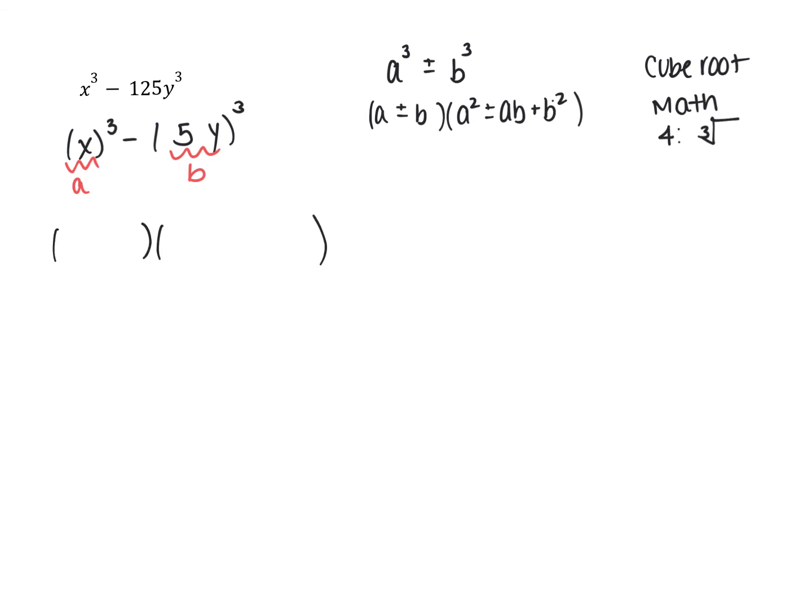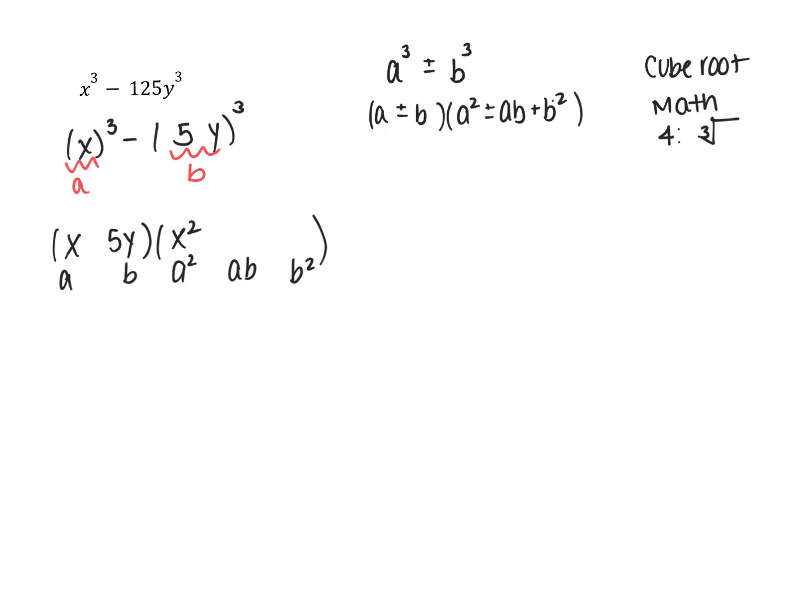So we've got A, oops, I'm actually just going to write it underneath it, A, B, A squared, AB, and B squared. So the A value is X, that's going to go here. The B value is 5Y, so that's going to go there. Then we're going to take A and square it. So the A is X, so X squared is just X squared.